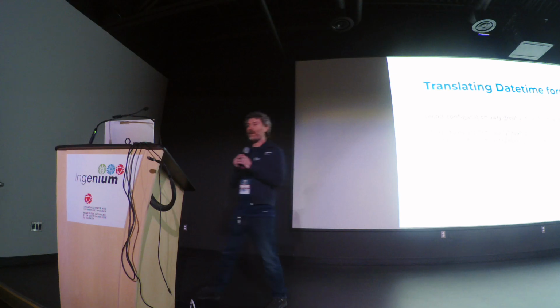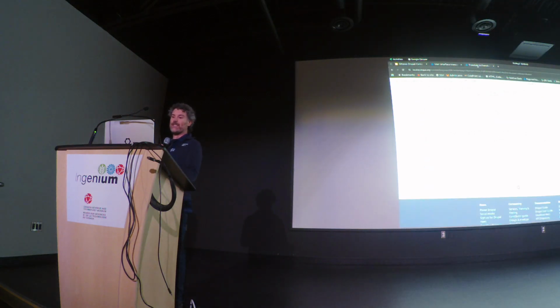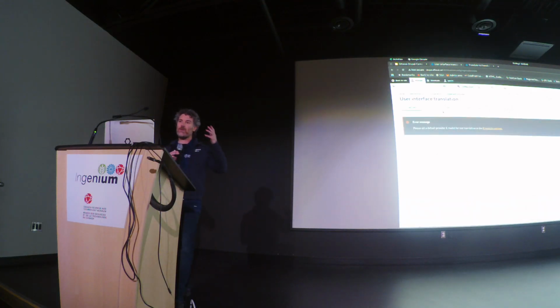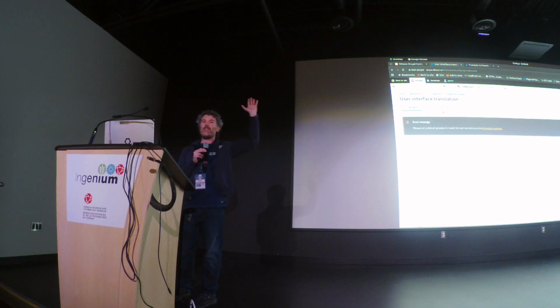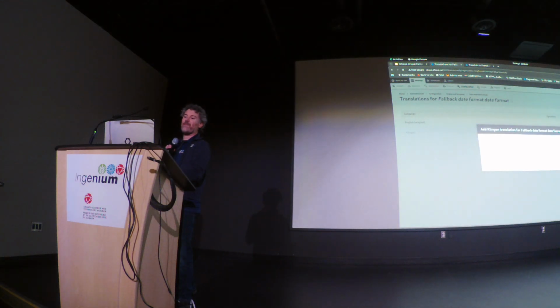Inside of Drupal, whenever you have that, you can add a translation of the configuration, and when you export the configuration, it'll export the overrides to that configuration in the different languages, but that is in a different place. So if we do date and time formats here, we can translate this one, and we can add a Klingon translation for this date and time format, or for this label.